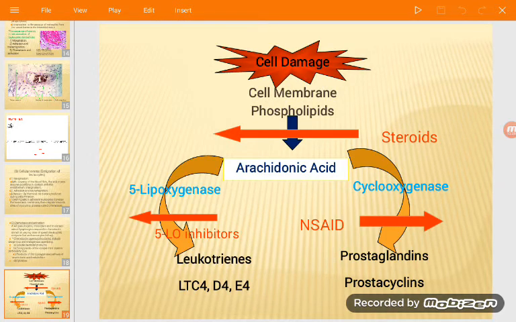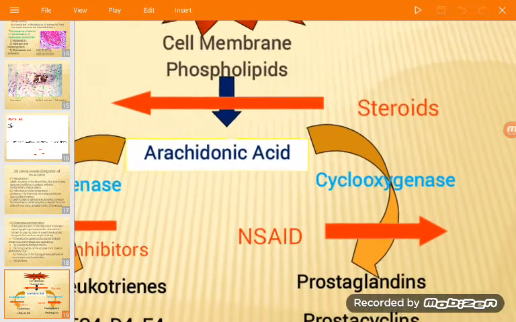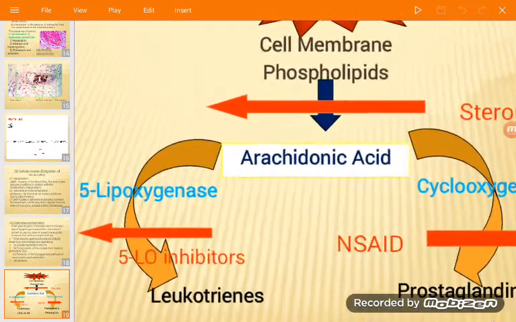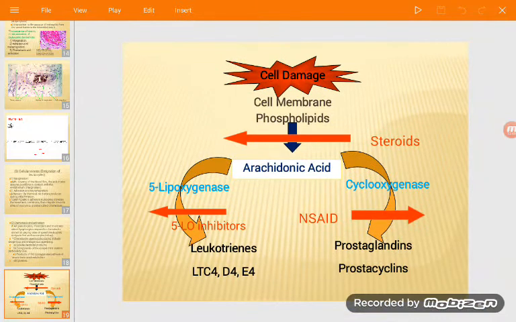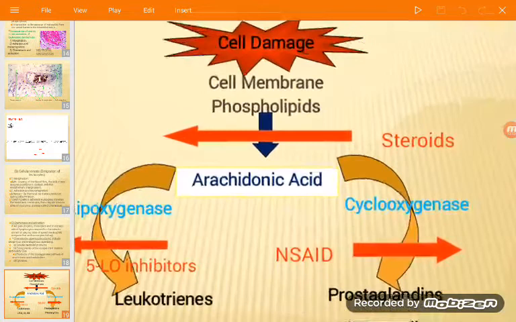As we can see, there is cell membrane damage, and the cell membrane contains phospholipid and arachidonic acid. Phospholipase will act on arachidonic acid to give either prostaglandin by the enzyme cyclooxygenase, or leukotrienes by the enzyme lipooxygenase. Some anti-inflammatory drugs can act on this pathway. Steroids will inhibit the common pathway.